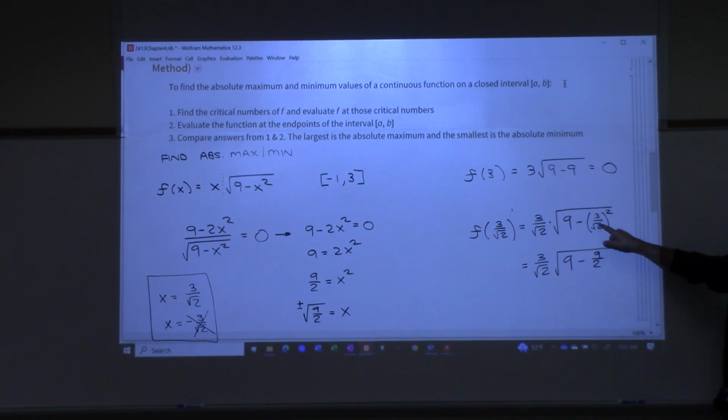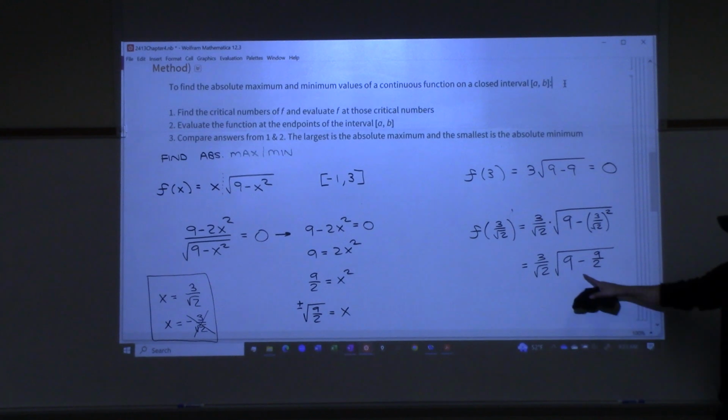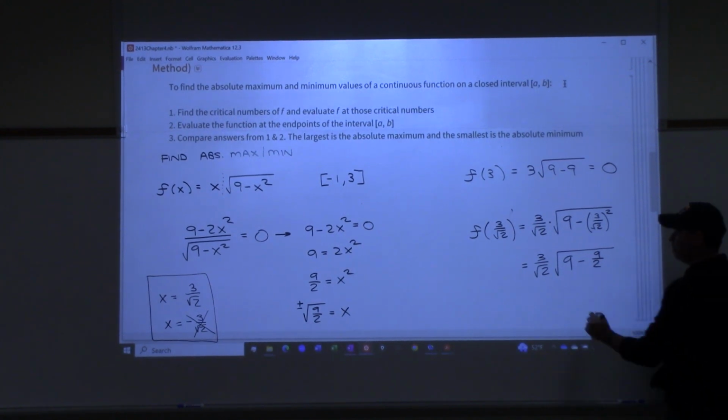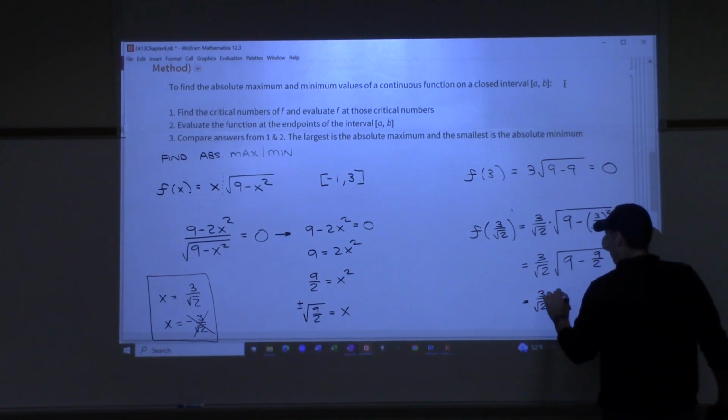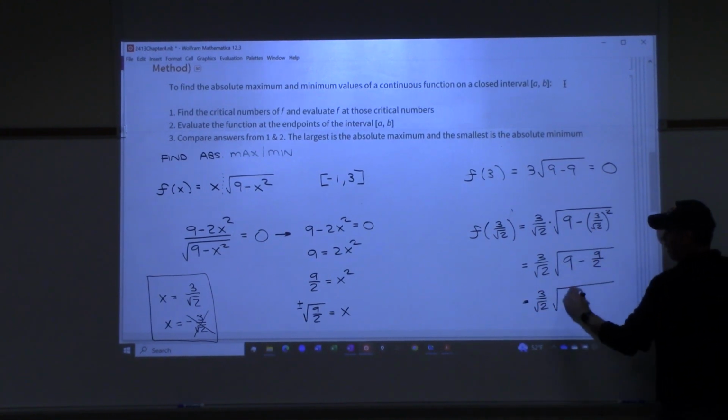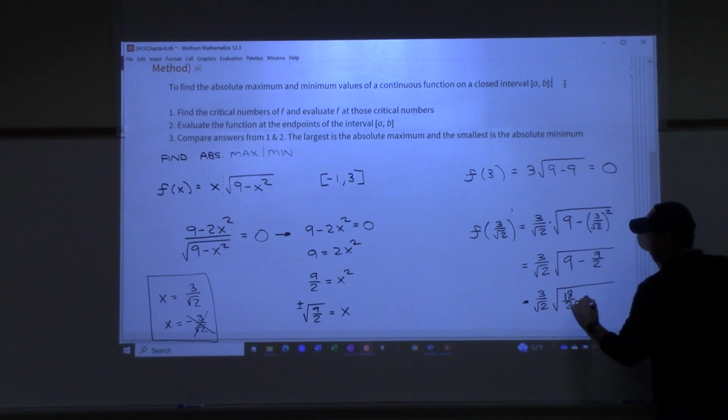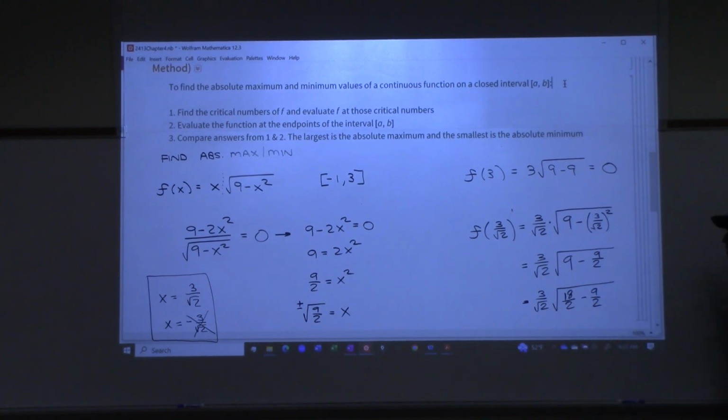Square the top and bottom. How do you do this? Common denominator, right? So I turn that into 18 over 2 minus 9 over 2. And that's 9 over 2 again, isn't it?